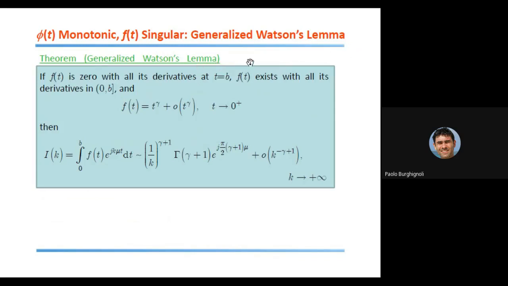It's not exactly equal to Watson's lemma valid for Laplace integrals, because in this case we have the following assumption. The function f must be 0 with all its derivatives at the upper integration limit, t equal b.